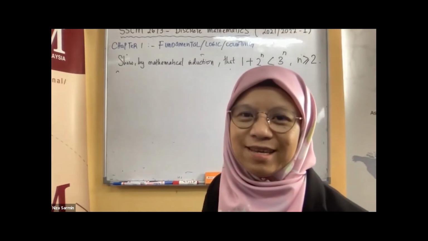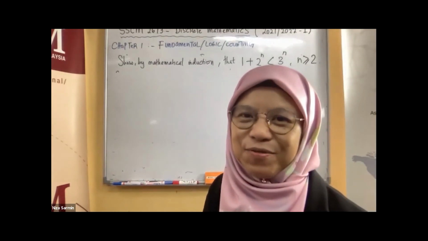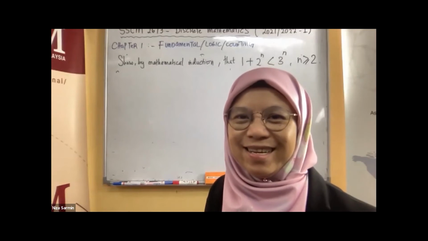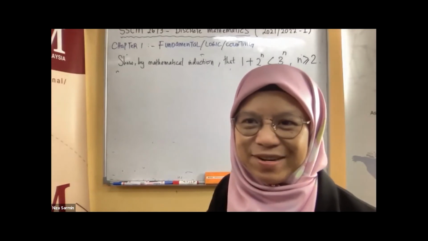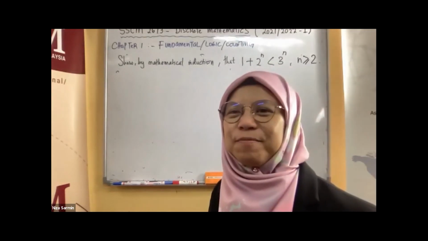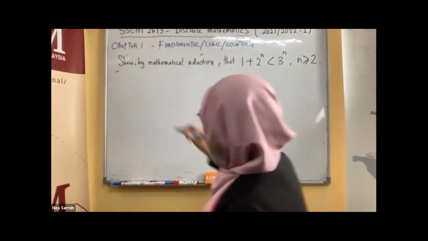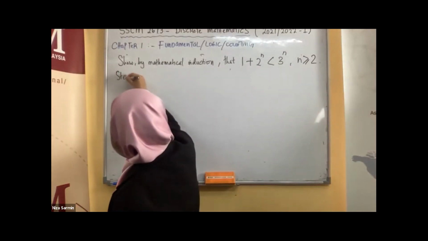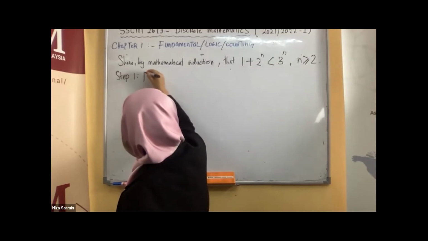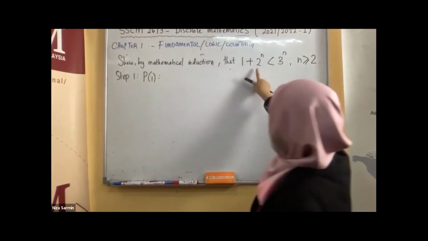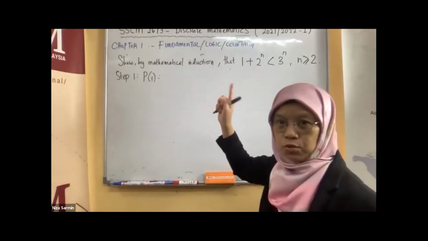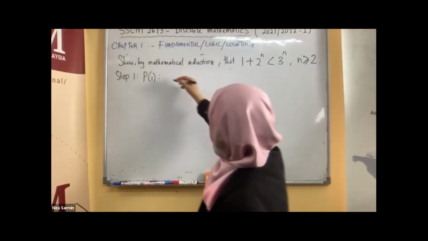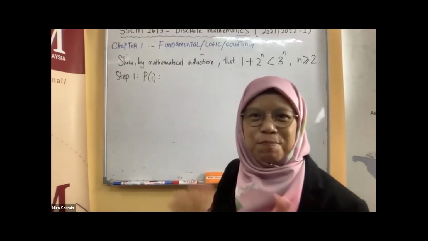You can try. Don't wait for my answer. Write it out. Okay, so step 1. Show P1, right? Pn is 1 plus 2 to the n. So P1 is, oh no, not P1.